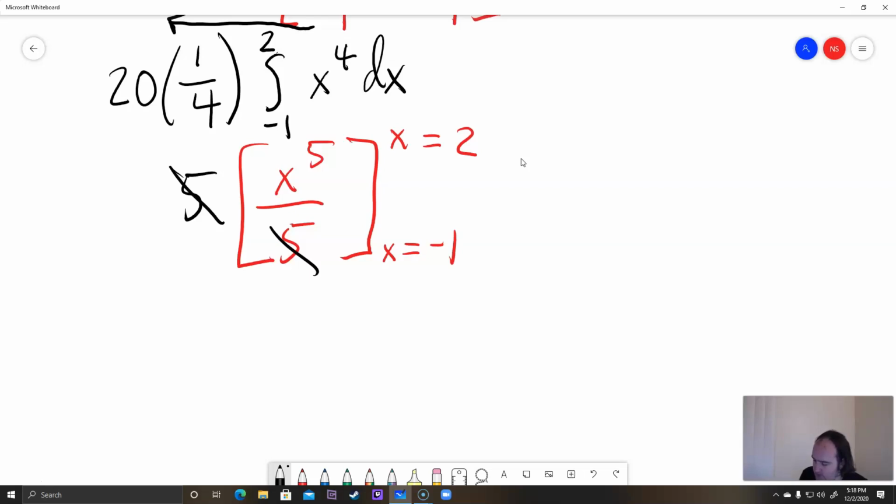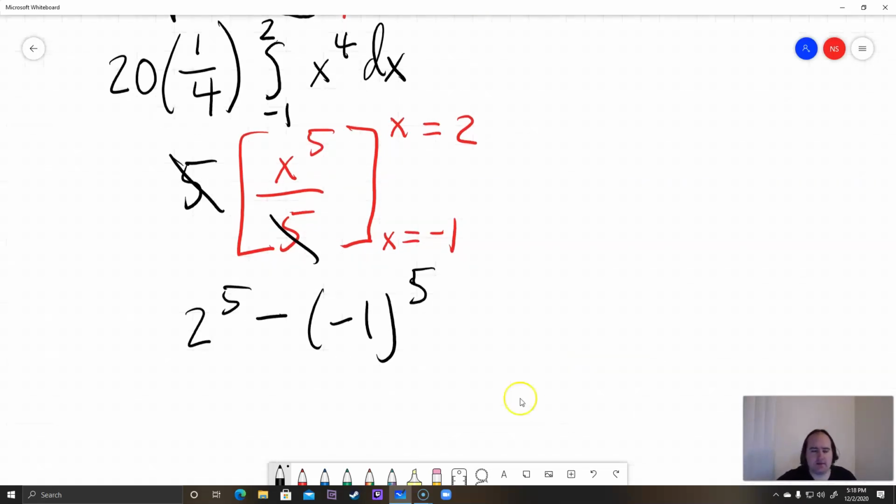And then plugging in the top number, we get 2 to the fifth. And then subtracting the function evaluated at the bottom number, we get minus -1 to the fifth. Okay, so 2 to the fifth minus -1 to the fifth. Alright, and that's going to give us 2 to the fifth. Well, let's see. 2 times 2 is 4, times 2 is 8, times 2 is 16, times 2 is 32.